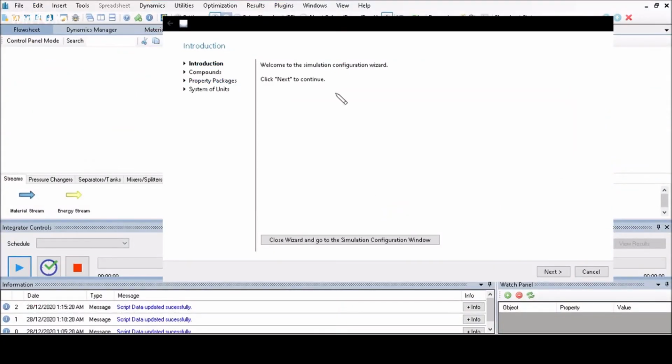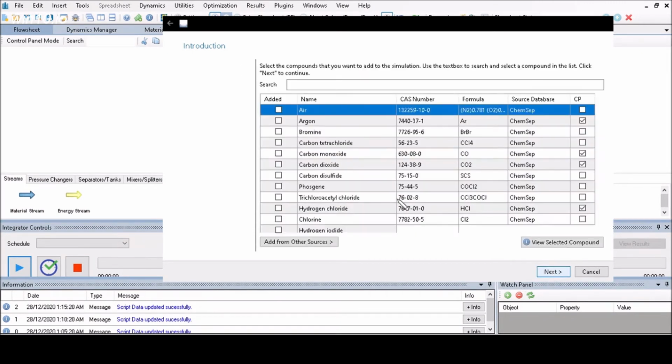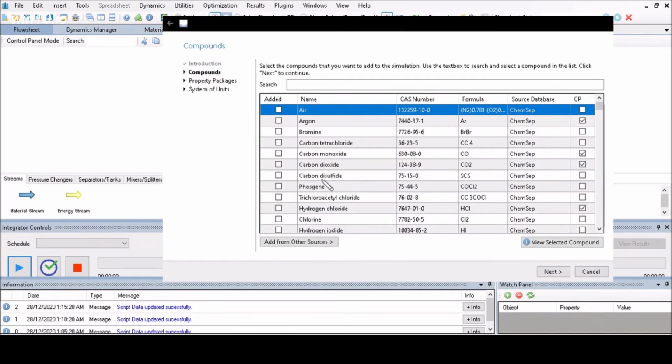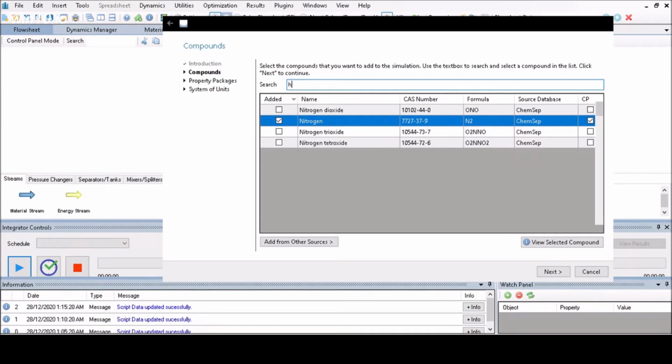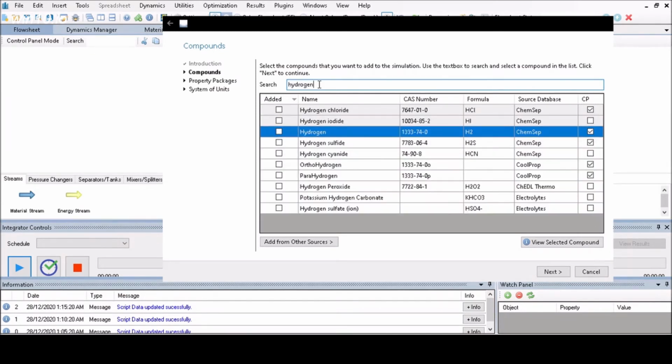So in our configuration, we put in our compounds: nitrogen, hydrogen, and ammonia.